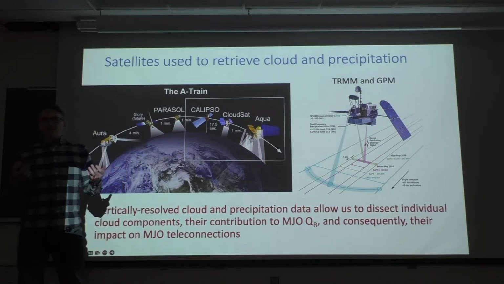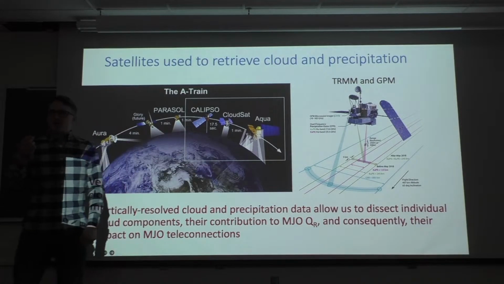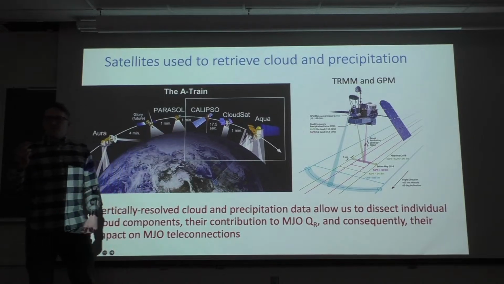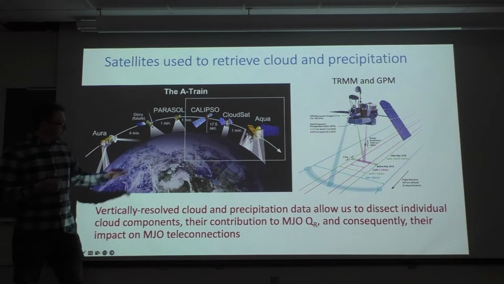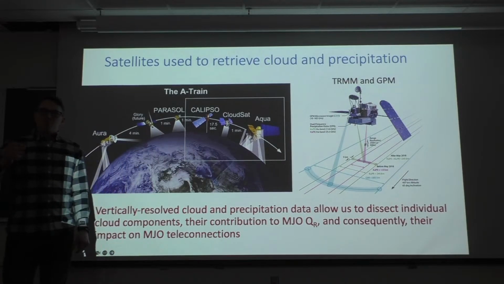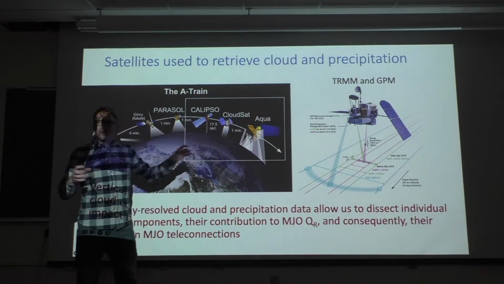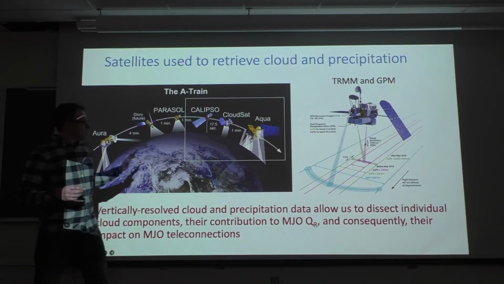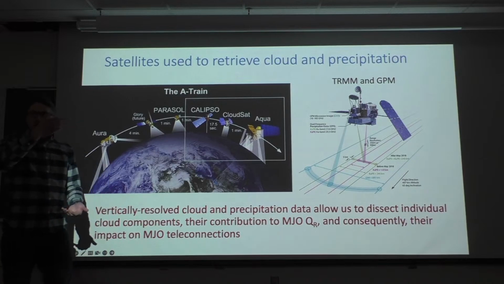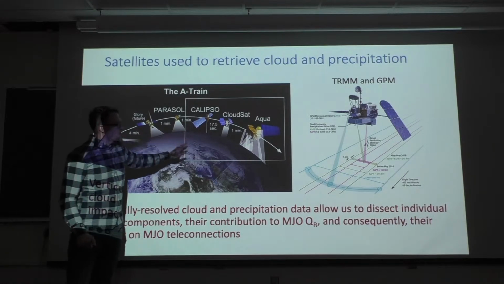The cloud radar is sensitive to cloud ice and cloud droplet particles within the atmosphere, and the LiDAR is also very sensitive to optically thin clouds and can see clouds within the boundary layer that are within the radar clutter region that CloudSat might not be able to see. And then coupling that with information from MODIS to help constrain other cloud properties, we can use these together as a suite to understand the vertically resolved cloud drops within the atmosphere, to understand the cloud component.